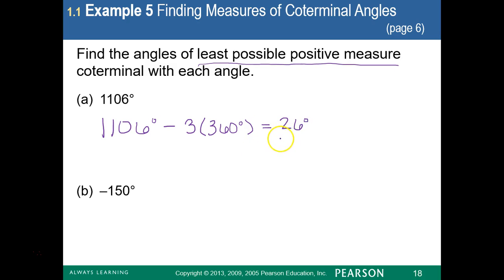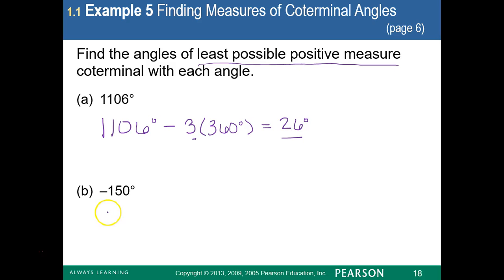And we're done. This is between 0 and 360. If you were to subtract 360 twice instead of 3 times, you would have ended up with a bigger angle than 360, so you would need to subtract it again. So as many times as you need to subtract or add 360 to get something that is between 0 and 360.